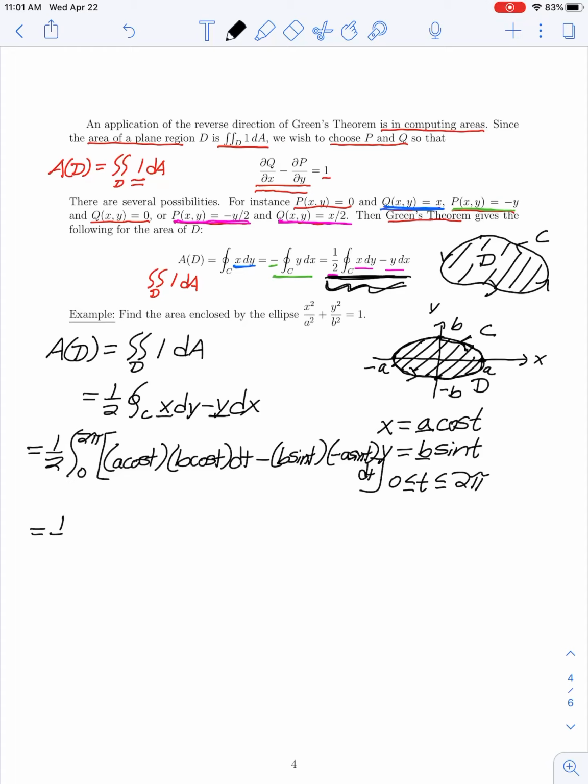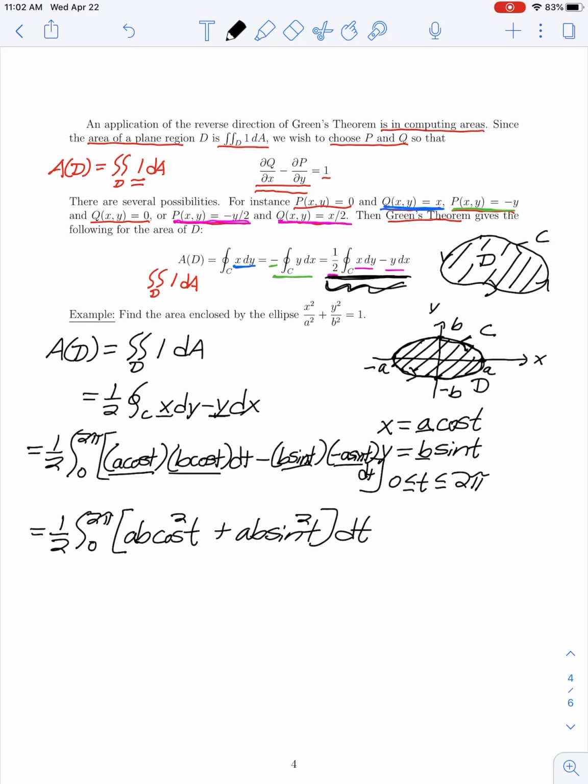So combining some like terms, here we have 1/2 the integral from 0 to 2 pi of, in the product of these first two terms, we have a times b cosine squared t, and then minus the negative gives us a plus for the product of those terms, a times b sine squared of t, all times dt.